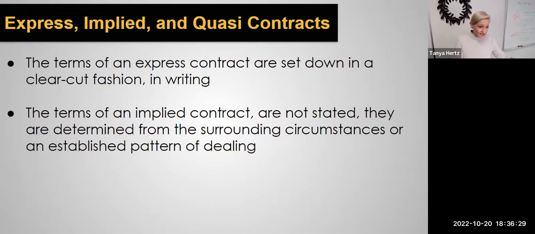So maybe somebody didn't text you, but they asked you, hey, can you make me a sandwich for $10? And you said, yes, I can make you that sandwich. Well, that's an implied contract, and they then need to give you the $10.